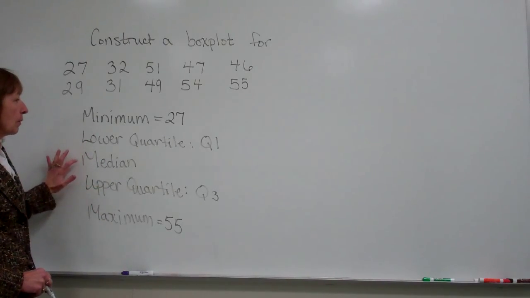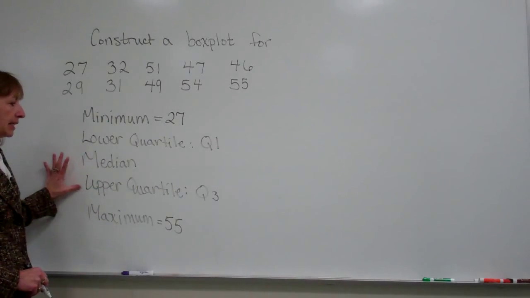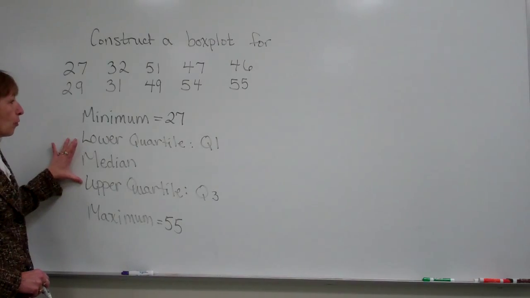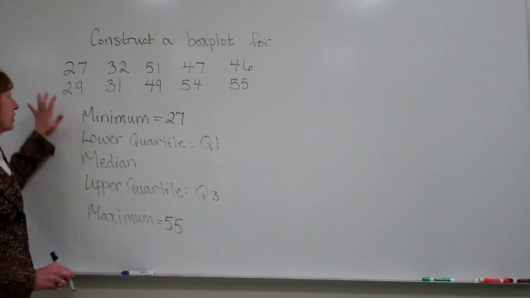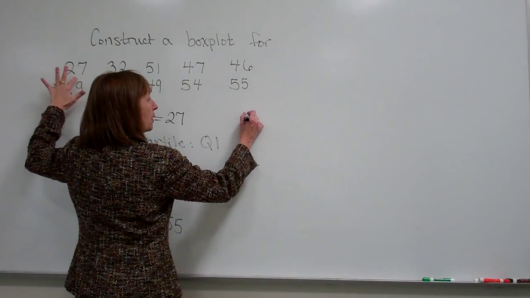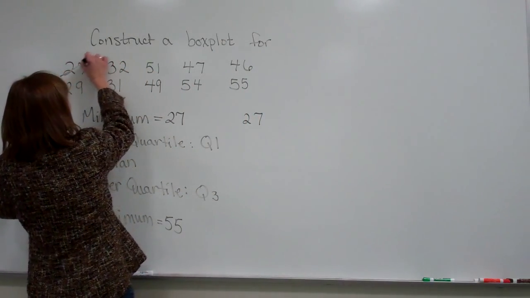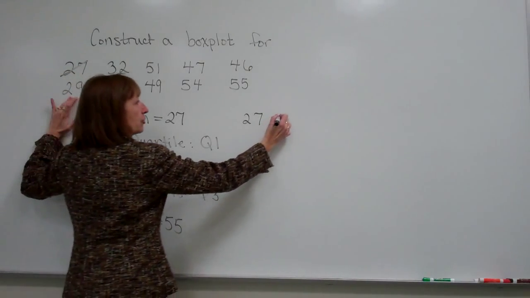So the next thing that we want to look for are the lower quartile, the median, and the upper quartile. For these, I need to put the data set in increasing order from smallest to largest. So we have our 27, and then the next data value after that is 29.